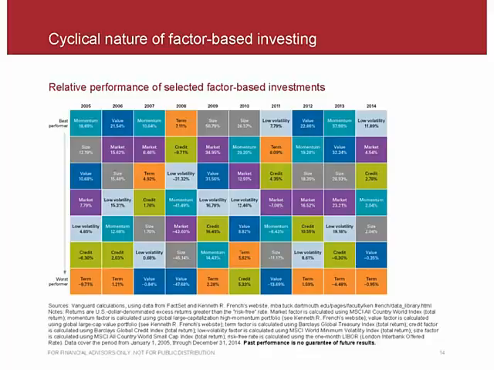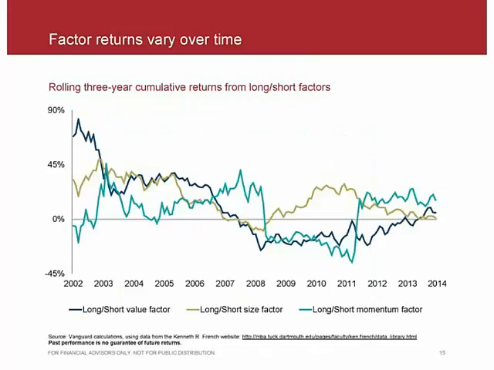In addition to the year-over-year volatility, there's also the question of long-term patience. And to showcase that, on the next slide, in order to make this chart not too busy, we isolated it to 3 factors. What we did here is just a simple analysis. We said, let's look at the 3 factors, value, size, and momentum, and ask what were their 3-year cumulative returns in a long-short, trying to isolate that factor.